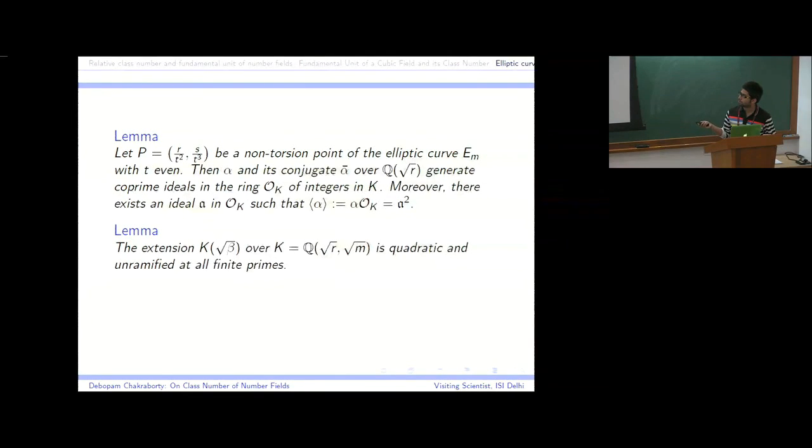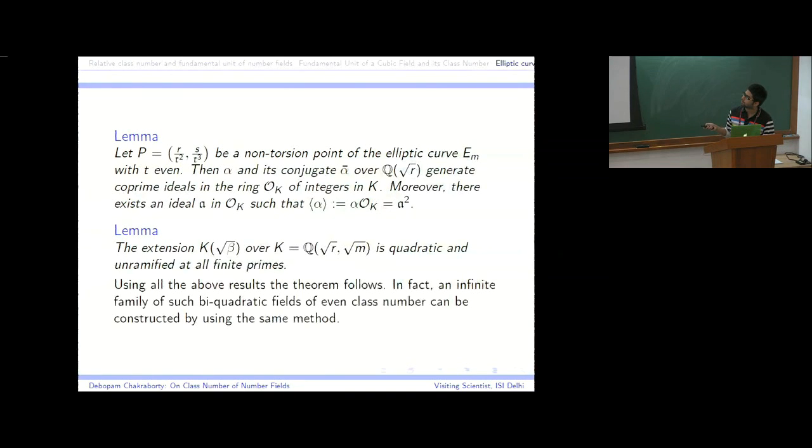For finite primes, you make it forcefully unramified by considering some conditions, and for other finite primes you can follow from here that they will be unramified. Also you can show that an infinite family of such biquadratic fields can be constructed.